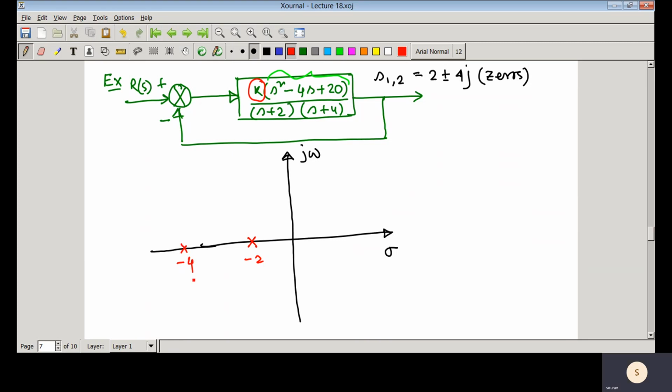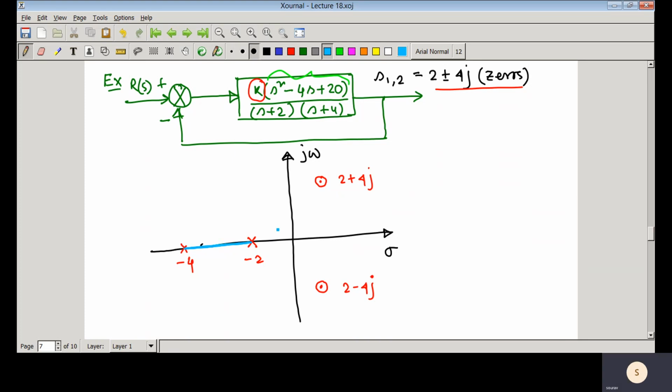Two poles are there and two complex conjugate zeros. Here you have a zero whose value is 2 plus 4j, and here 2 minus 4j. Now which part will be part of the root locus? This part.